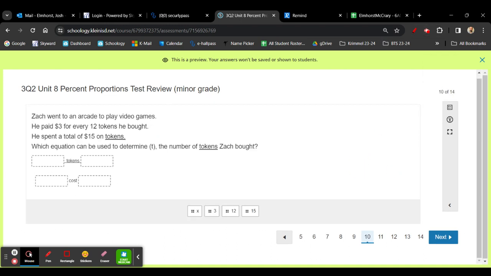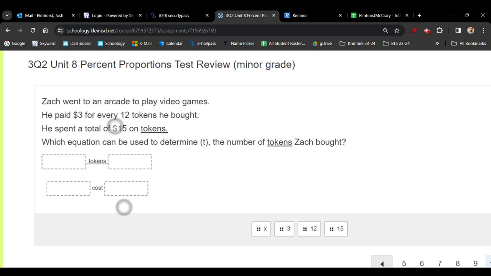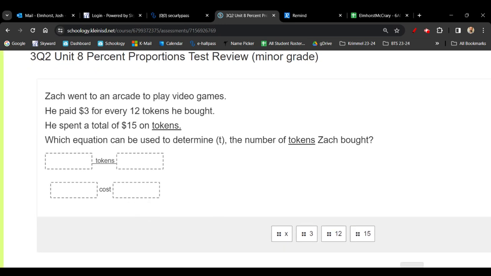Taking a closer look, number 10, the focus is on setting up the proportion. So on top, if we start with tokens, we have 12 tokens, and then he spent a total of $15 on how many tokens? So 12 tokens, $3. The cost is 12 to 3.